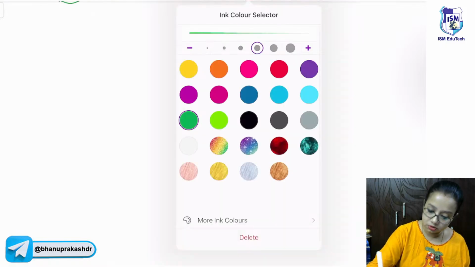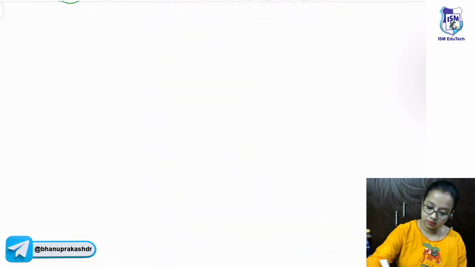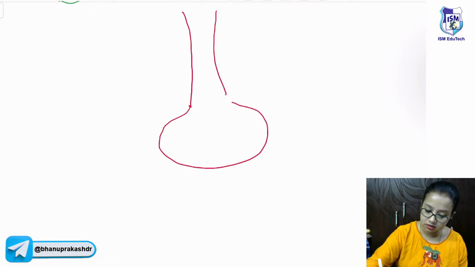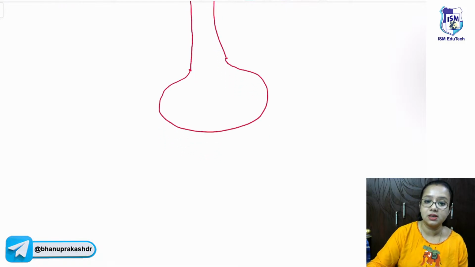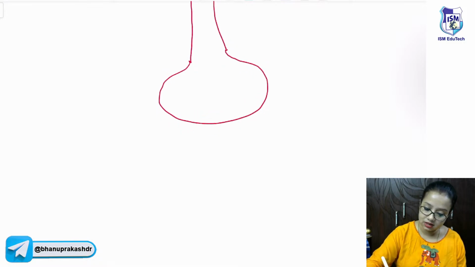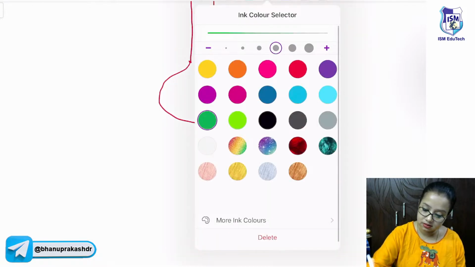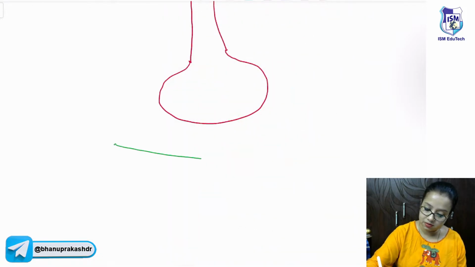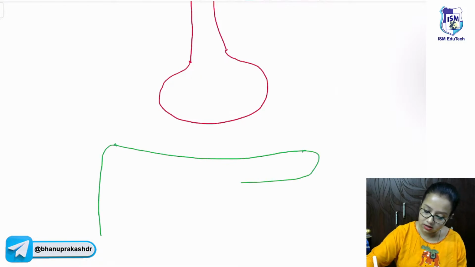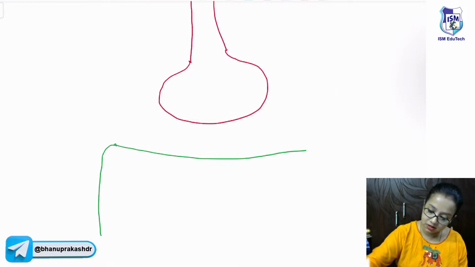Now, if we are to draw this one, if this is the axon, the terminal part of the axon, the synaptic knob, it is going and innervating the muscle fiber. So, the first structure that will come in contact is the sarcolemma.